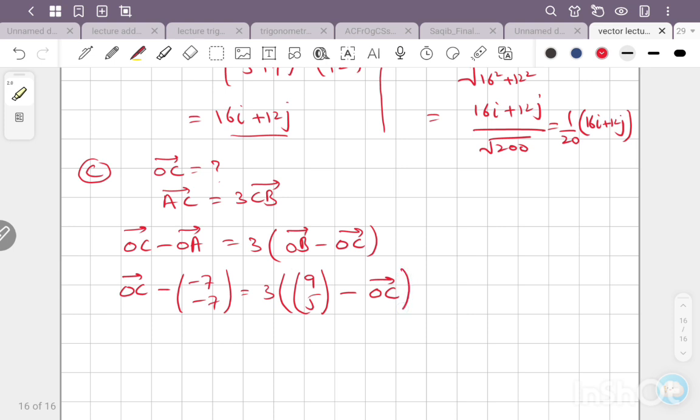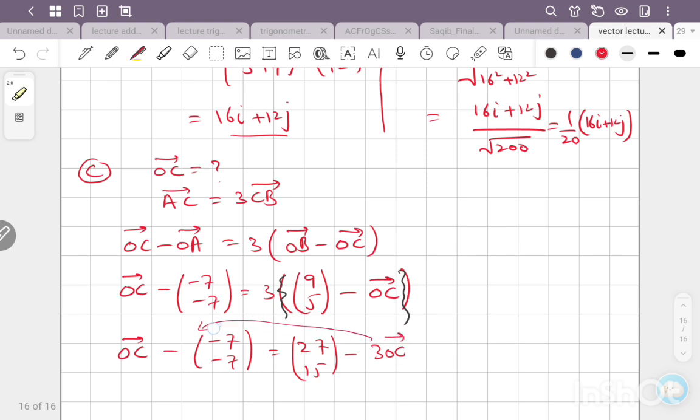We have to find the OC. Okay, I have to use the bracket. These brackets are multiplied by the 3. Okay, OC, and this 3 will be multiplied by this one. Minus 7 equal to 3 times 9, it will be 27. 3 fives are 15, minus 3OC. We got this one.